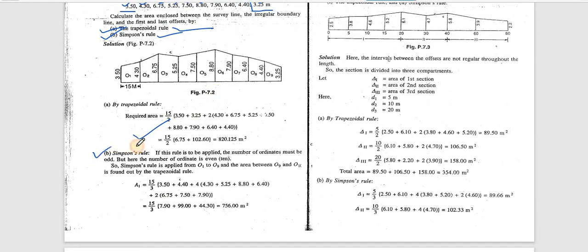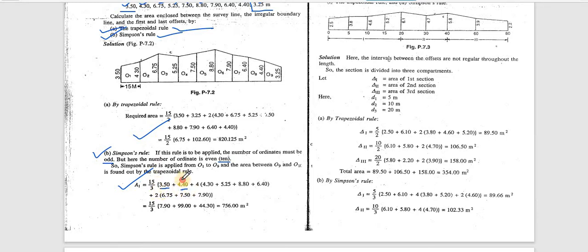So for Simpson rule, the number of ordinates must be odd, but the number of ordinates here is even because the total is 10. So Simpson rule can be applied from the first to the 9th ordinate, and we will apply the trapezoidal rule for the remainder. The final formula for Simpson rule is common distance by 3, so 15 divided by 3.